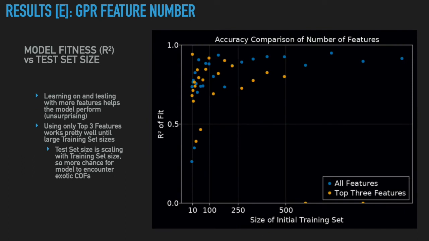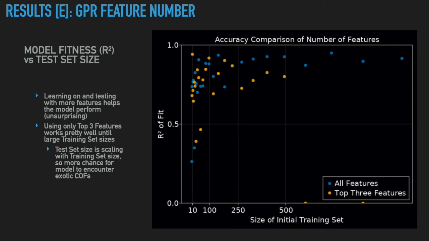And then moving on to a comparison of the feature set size that we allowed our models to train on. So again, this is the GPR model with the Matern kernel. The blue values come from models that were trained with all features, so all 12. And then the yellow-orange values come from models that were trained using only the top 3 features, as described by the permutation importance plot beforehand.